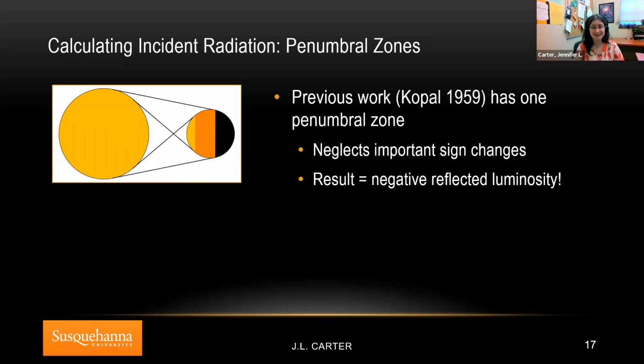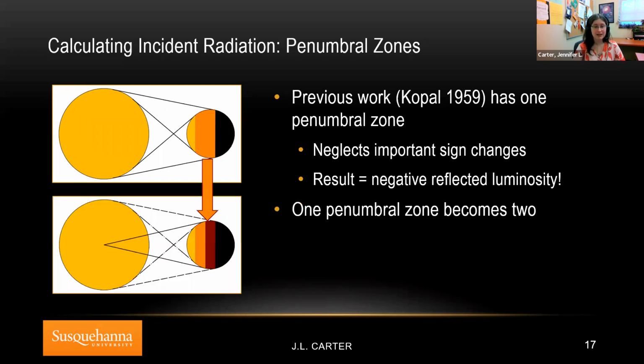Here, we're looking at exoplanets, which are always smaller than their host star. Otherwise, we're not looking at exoplanets. If you try to use his results on cases such as this, you end up with negative luminosity and imaginary incident radiation, which is, of course, not physically correct. This is due to neglecting some important sign changes. Let's take a look at a solution to this problem.